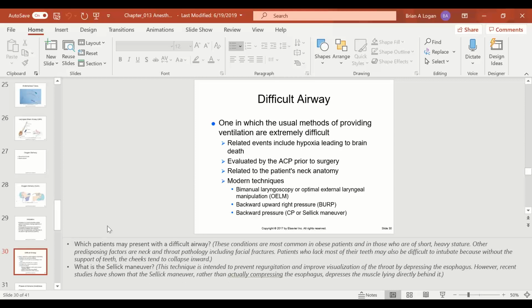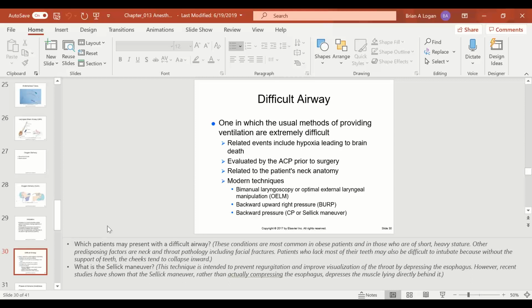And this is where you're actually going to put pressure on the trachea, pushing it straight down. The anesthesiologist or CRNA, anesthesia care provider, whoever's intubating the patient, they're looking through the laryngoscope blade, and what they're trying to see is the vocal cords, because that's where that tube is going to go.